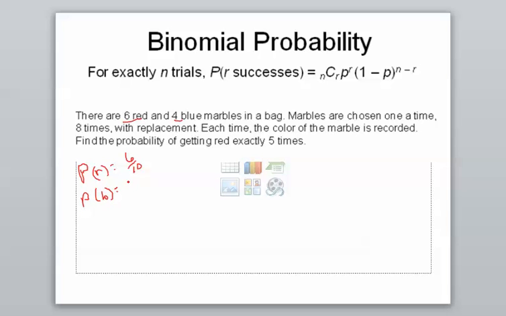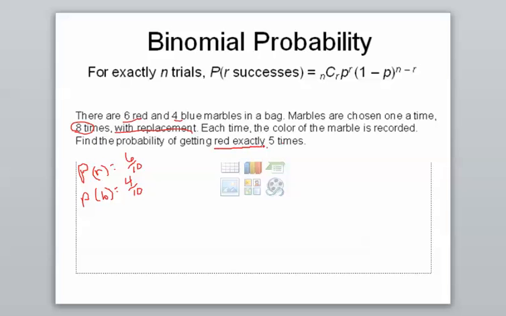The probability of a blue marble is 4 out of 10. They're independent of each other because we're going to keep putting them back each time. See, it says with replacement. Okay? And you're going to pick 8 different times, and each time the color of the marble is recorded. Find the probability of getting exactly 5 reds.